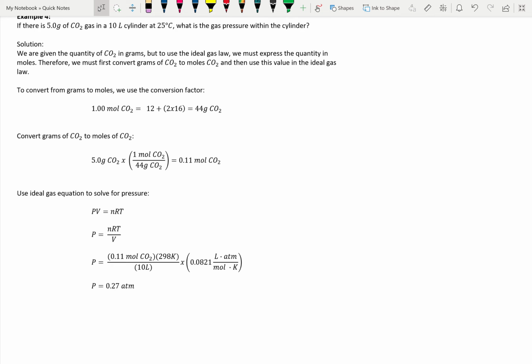We multiply that by the temperature, which is 298 Kelvin, 25 degrees Celsius plus 273. All math for temperature is in Kelvin. And we divide that by our 10-liter cylinder. And we get that our pressure is equal to 0.27 atmospheres.